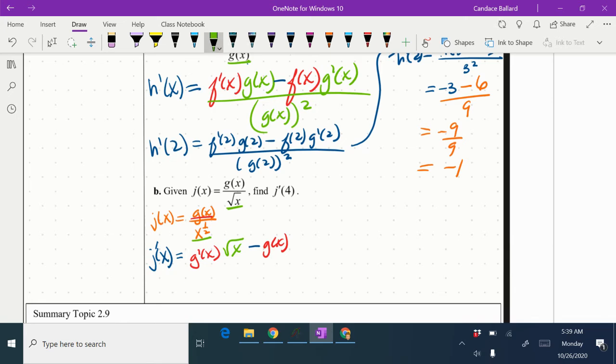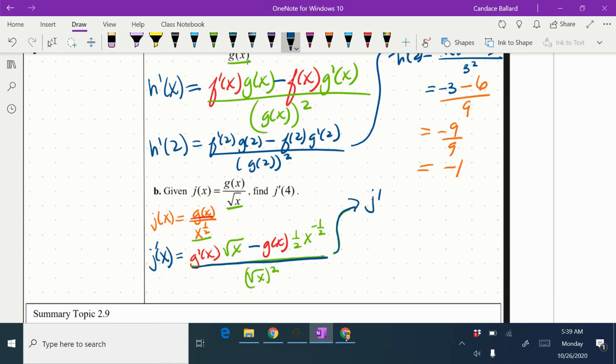And then the derivative of my green would be 1/2 x to the -1/2 power, all over the green squared. So the green squared would be the square root of x squared. So I am going to spend one line simplifying that a little bit because I don't like the exponent there.